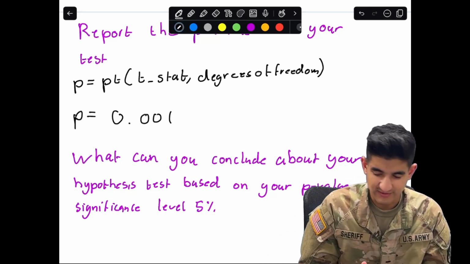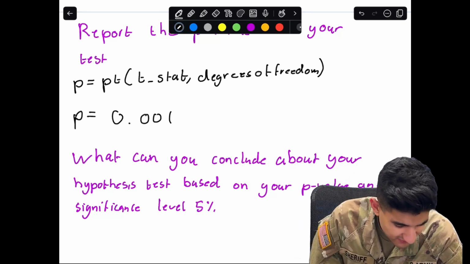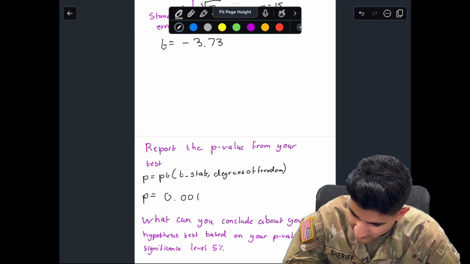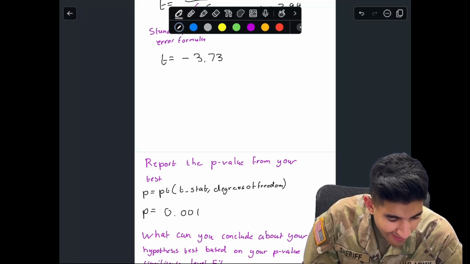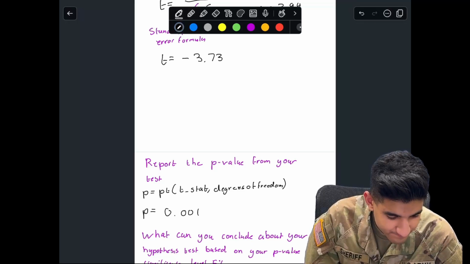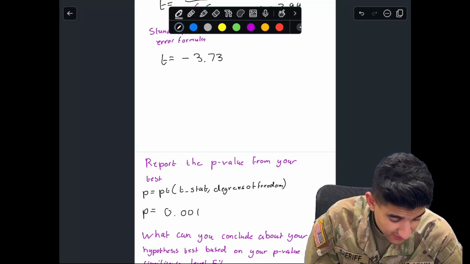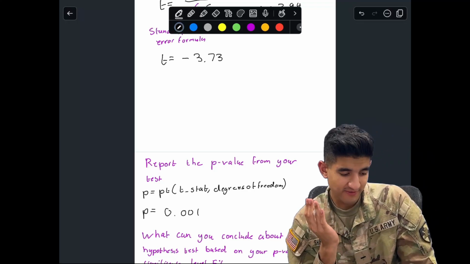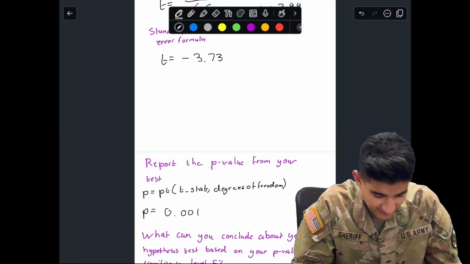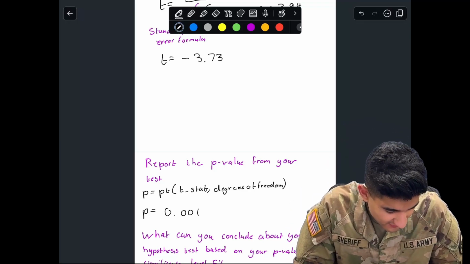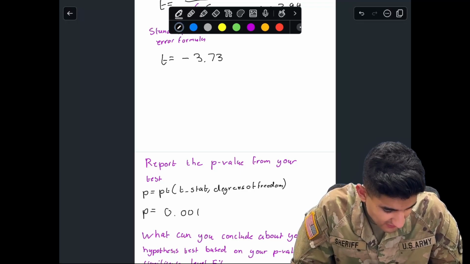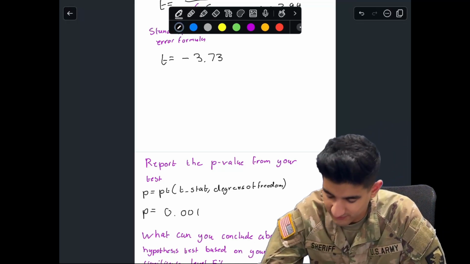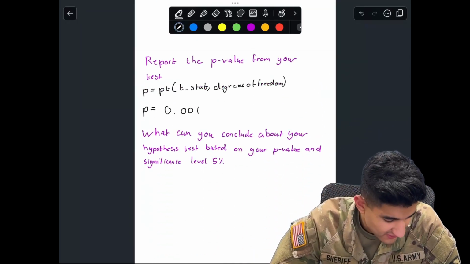Let me just make sure I didn't typo that. It looks about right to me. If I typoed that, that's my fault. Let me try one more time on my own: 3.73, and then 14. Yeah, basically not 1%. So we're pretty good on this.